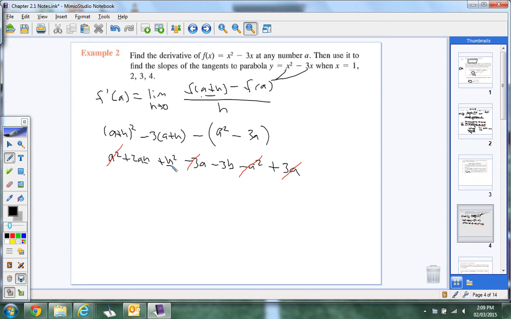Okay, so that leaves me with, let's go back to where we're at here. So I have h squared plus 2ah minus 3h all over h. So if I pull an h out, that's going to give me h minus 2a minus 3.